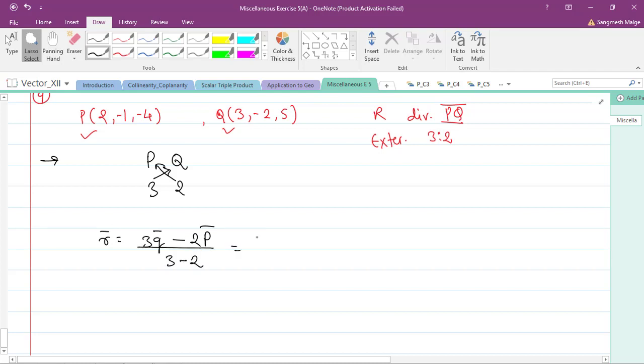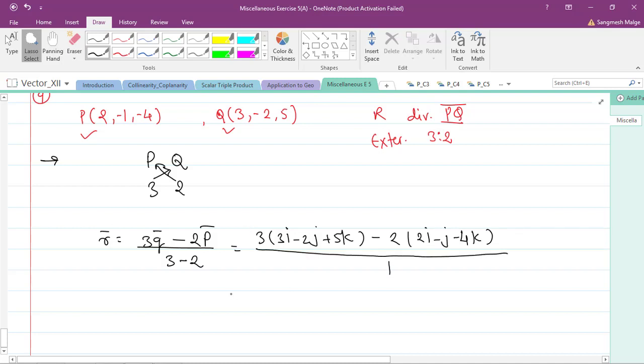So this is equal to 3Q bar, which is 3 into (3i minus 2j plus 5k), and minus 2 into (2i minus j minus 4k), whole divided by 3 minus 2, which is 1.